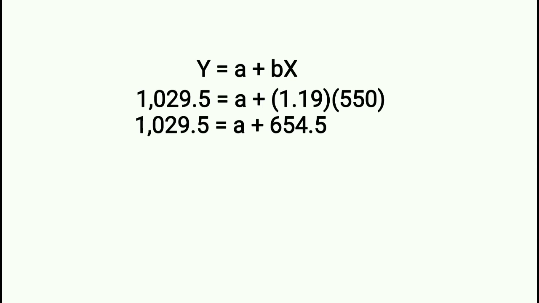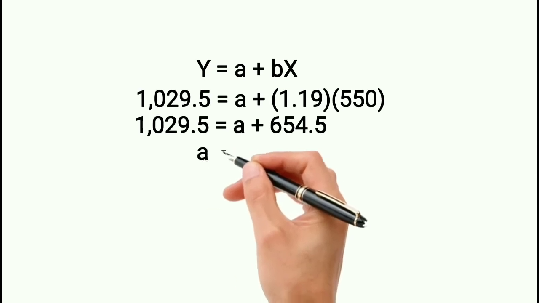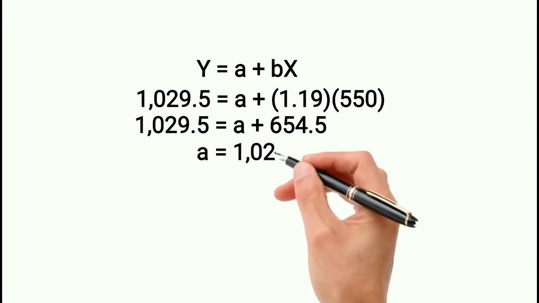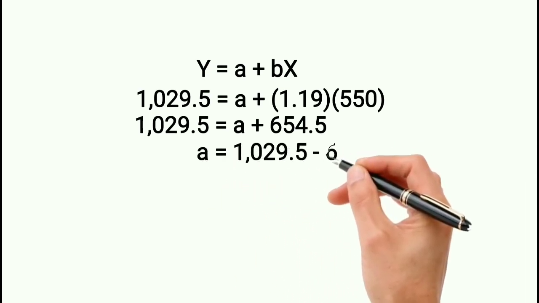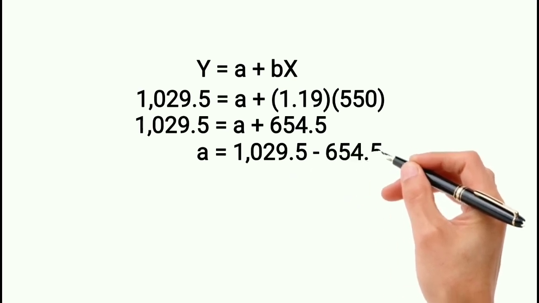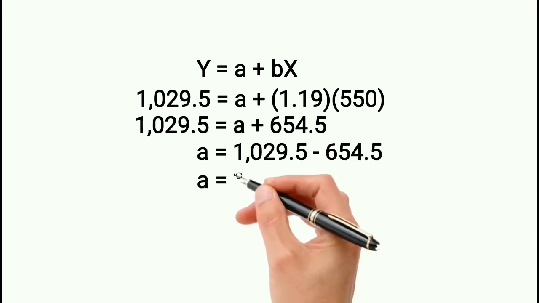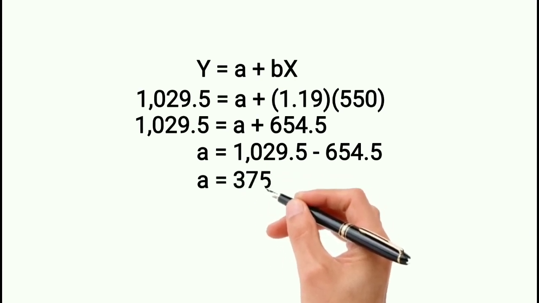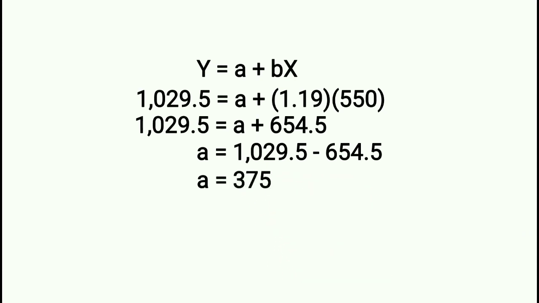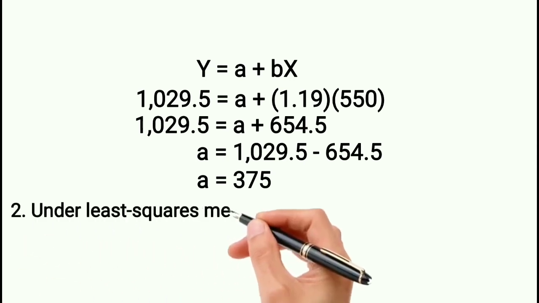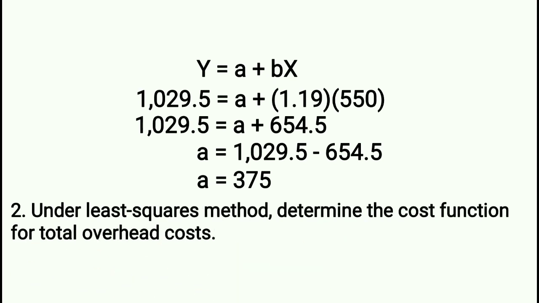Next, since ang kinocompute natin dito ay A is equal to 1029.5 minus 654.5. Therefore, A is equal to 375. Since na-compute na natin yung B at A, we can now provide the cost function for total overhead costs.